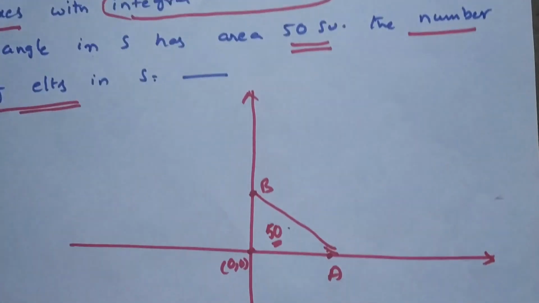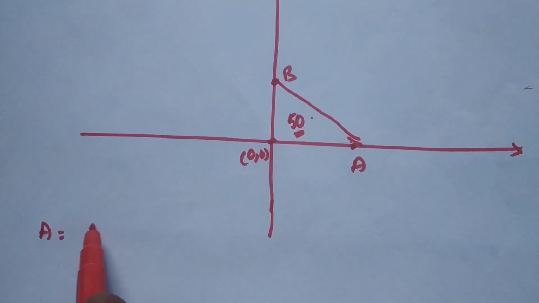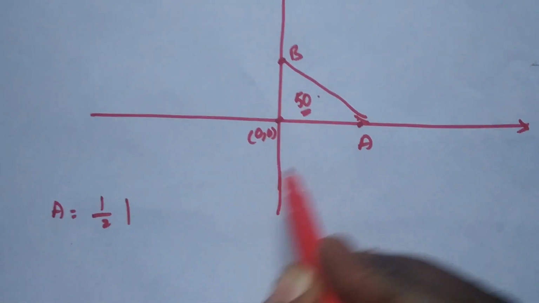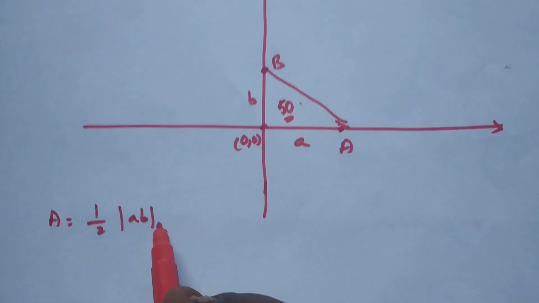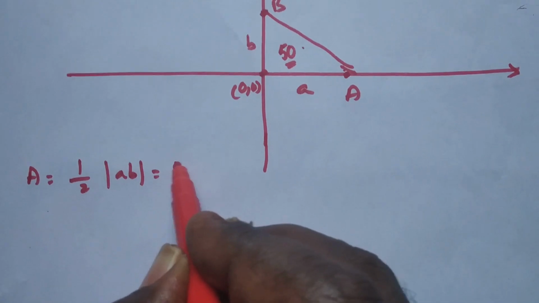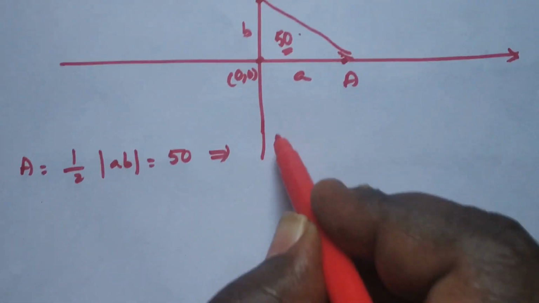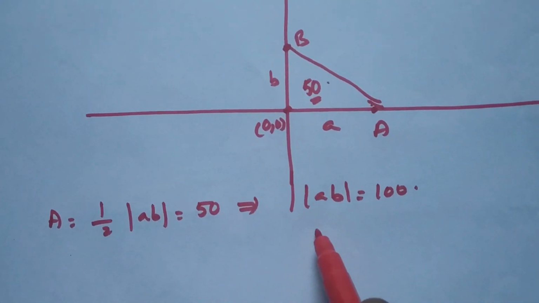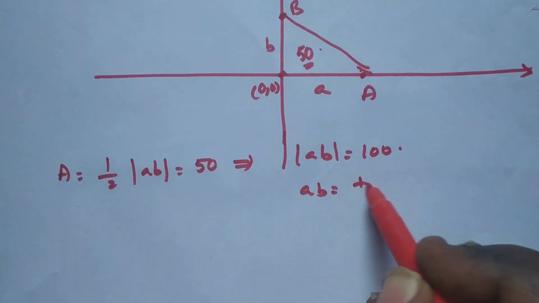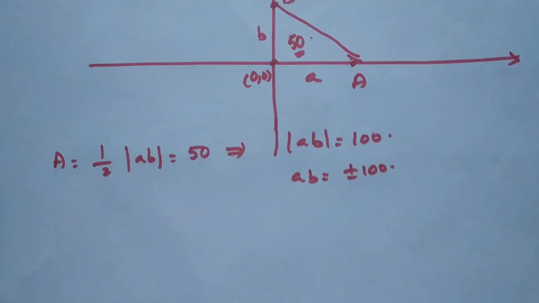So what is the area of the triangle? Area is equal to half mod AB, which equals 50. This implies mod AB is equal to 100. So the product AB is equal to plus or minus 100.